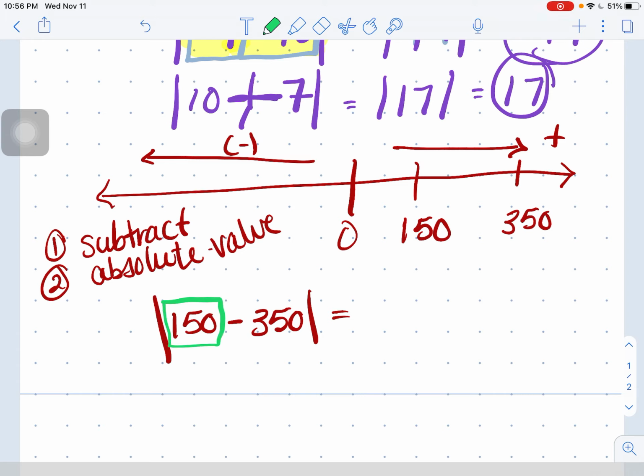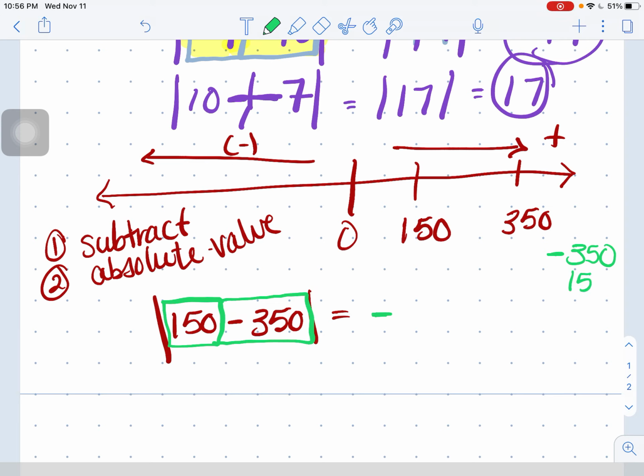Okay, so I'm going to box it up so I can see exactly what these numbers are. This is a positive 150. This is a negative 350. So I have to ask myself, what do I have more of? Well, I have more negatives. And anytime we want to figure out how much more of something we have, we subtract. So this is like saying you owe $350.